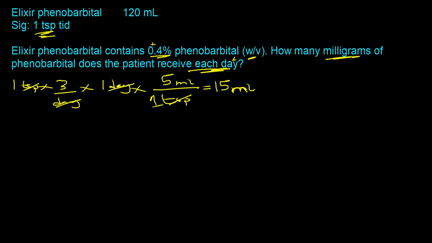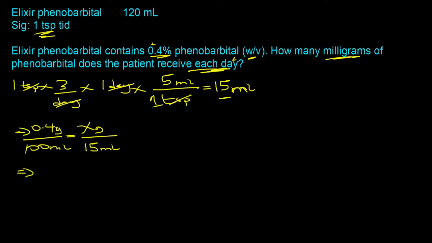Okay. So now we need to find out the quantity in grams of phenobarbital that is present in the 15 milliliters. So we start off with the percentage, with the 0.4 grams of phenobarbital in 100 milliliters, and we need to determine how many grams would be in 15 milliliters.